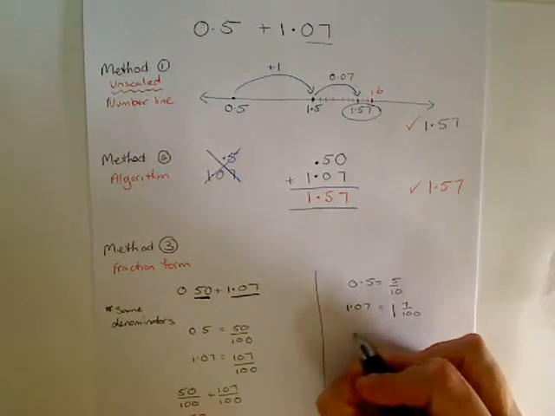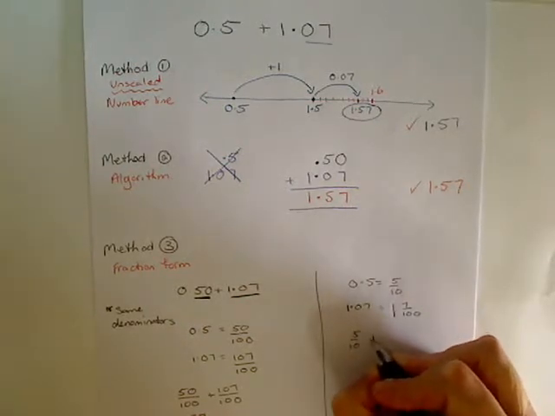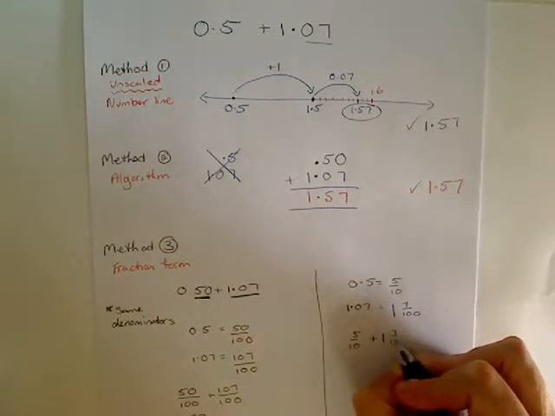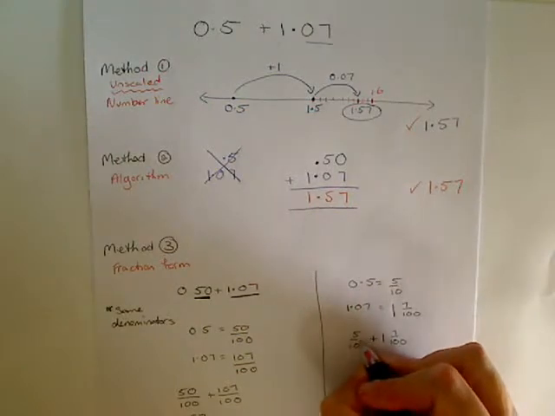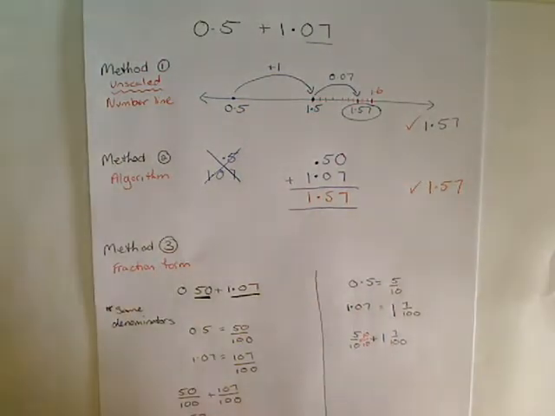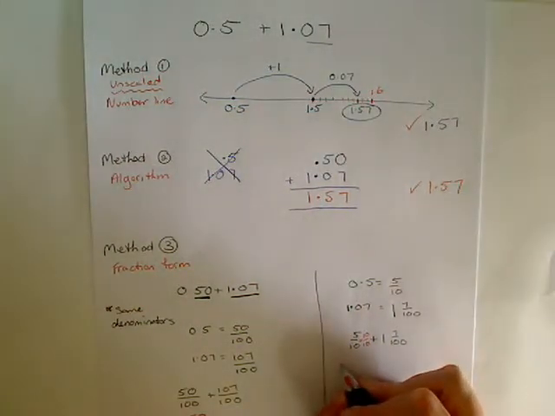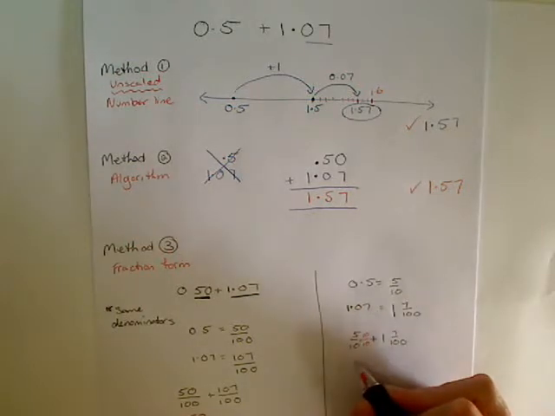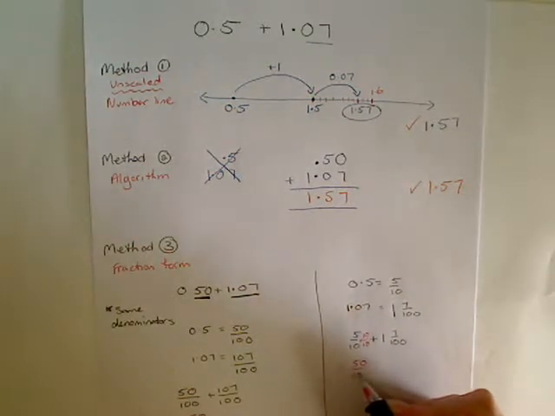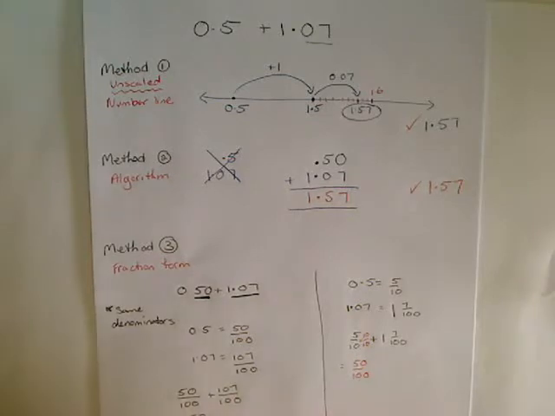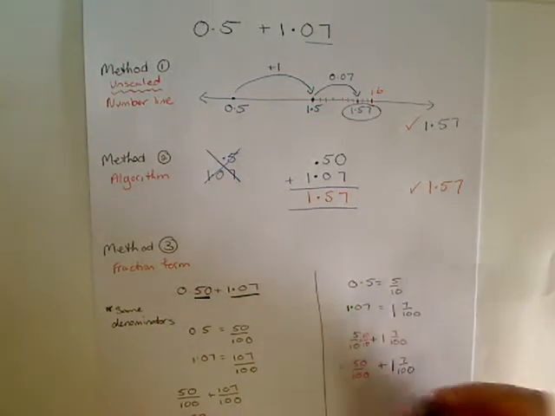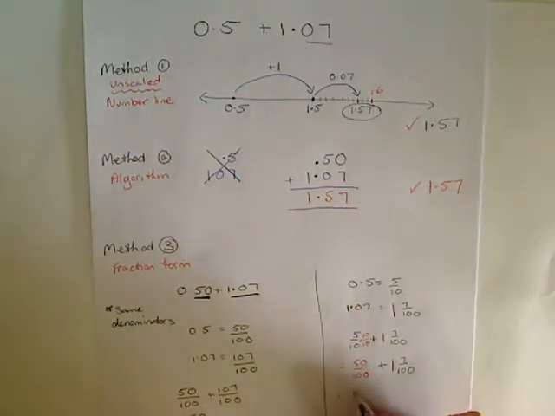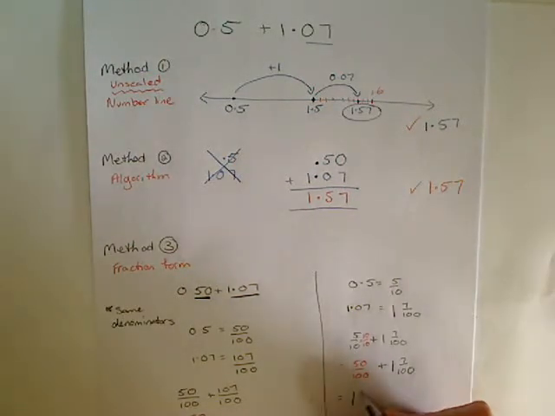So I've got 5 tenths plus 1 and 7 hundredths. I need to rewrite the one on the left, so I've got common denominators. I can multiply this one by 10 tenths or 1 whole, and without changing its value, I'll have 50 hundredths. And I've still got 1 whole and 7 hundredths over here. So altogether I have 1 whole and 57 hundredths.